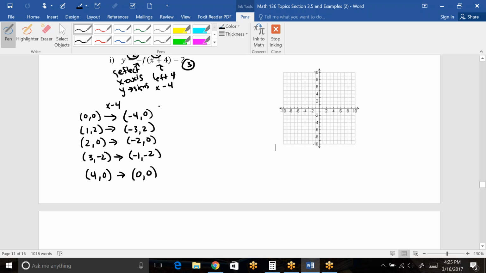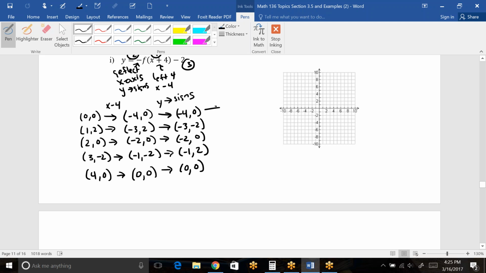Then the next thing would be the reflecting. So the y's are going to change signs. So -4, 0, can't change signs. -3, -2. -2, 0, can't change signs. -1, +2, 0, 0, can't change signs.